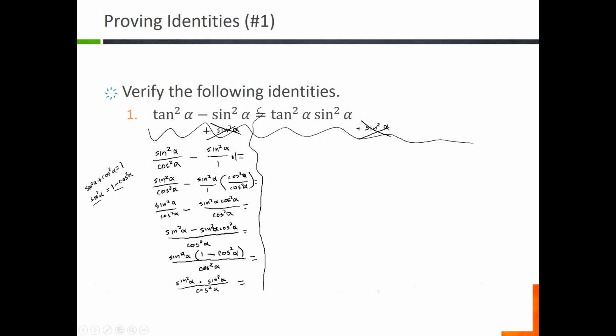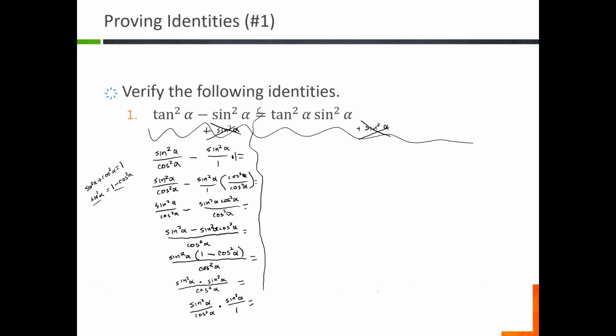You have to build up your algebra muscle, so you've got to exercise your algebra here. So we have sine squared times sine squared over cosine squared, and just like we did before, I'm going to break it apart as separate fractions. It's a multiplication. I'm going to rewrite this as sine squared alpha over cosine squared alpha times sine squared alpha over 1.